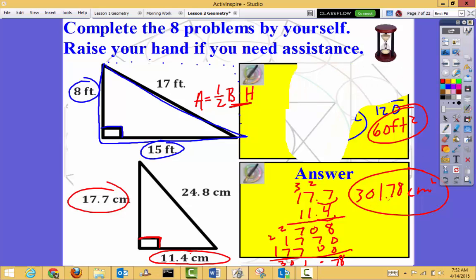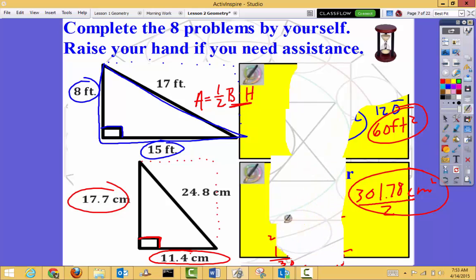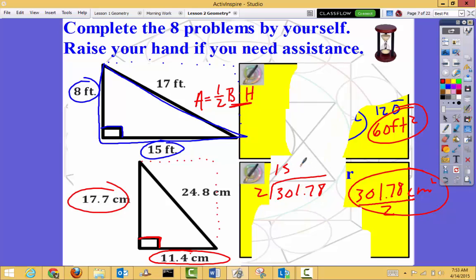This is not my answer because that's the area of the whole entire rectangle. In a right triangle, I'm only taking half. So I need to divide this also by 2 because I'm only taking half of it. So I have 301.78 divided by 2 for 150.